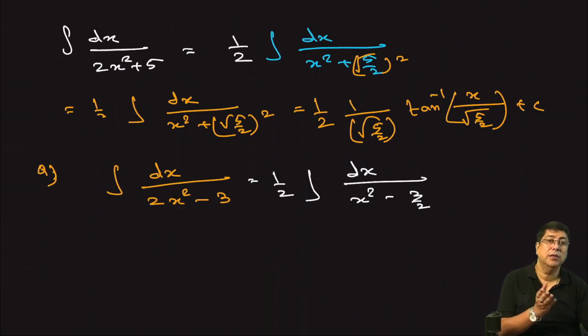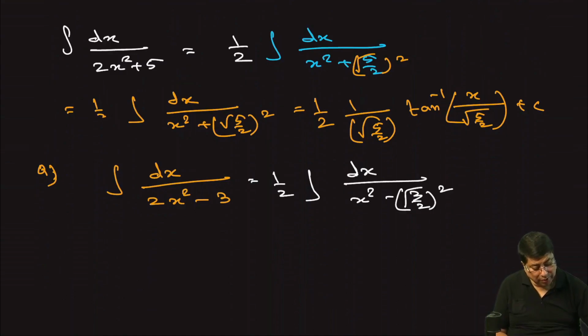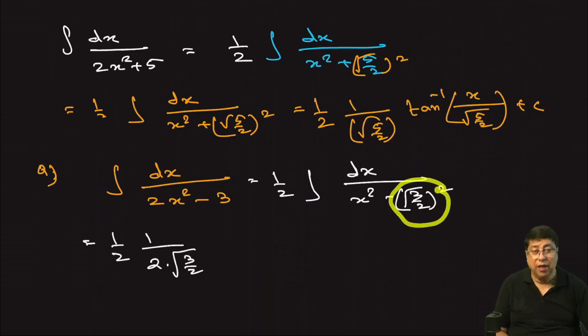So our target is x square minus a square, so root over of 3 by 2, root over of 3 by 2 whole square. Now 1 by 2a, where 2a is root over of 3 by 2. The reason is that this is a square, so a is root over of 3 by 2.